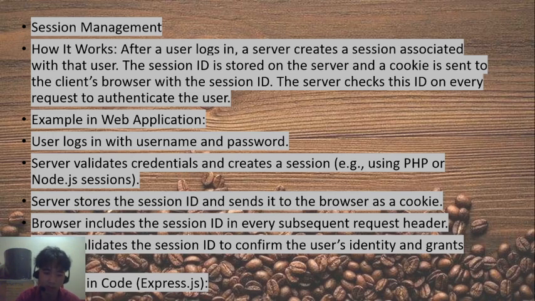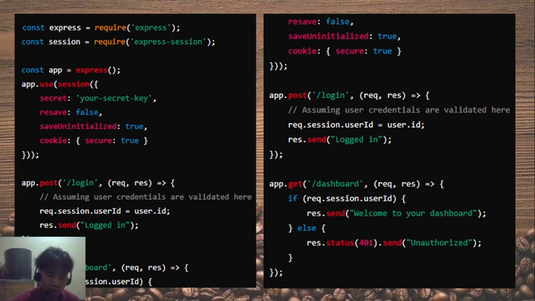Example in code, Express.js. So this is an example of code in Express.js. We're using const express = require express, const session = require express-session, const app = express, app.use session, secret: your secret key, resave false, saveUninitialized true, cookie secure true.